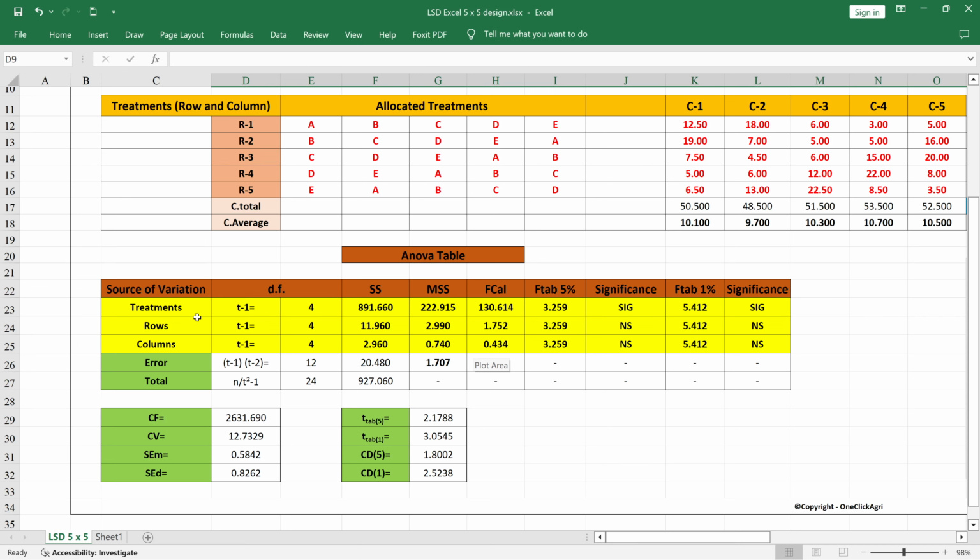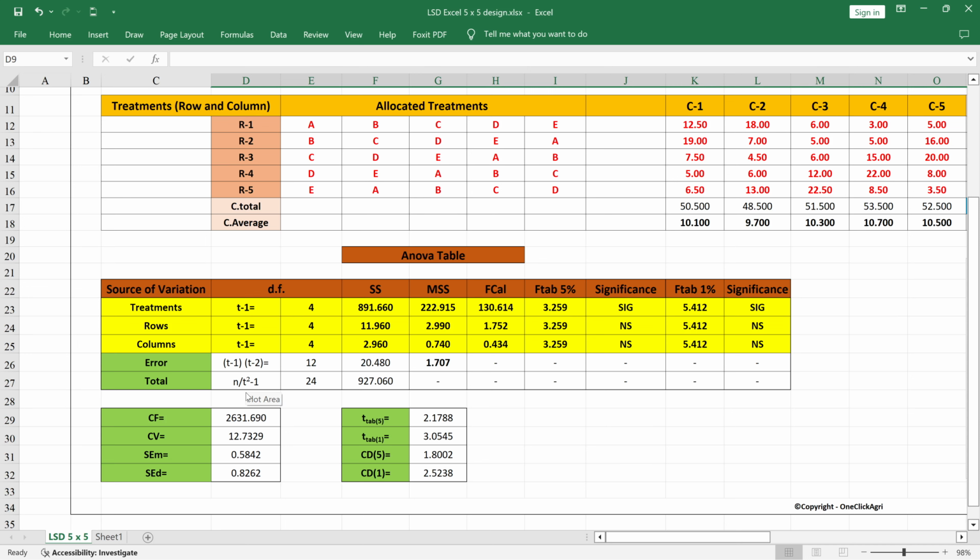The formula for treatment here is t minus 1. You can consider any letter, no problem. Then for rows t minus 1, for columns t minus 1. And very important, that is the error degrees of freedom. We consider that as 12, so I consider 5 by 5, and this Latin square design is 5 to 8 treatments only. Okay, keep in mind that.